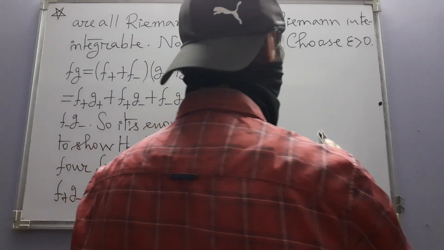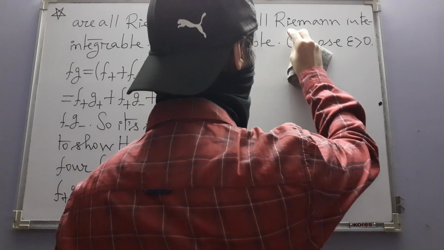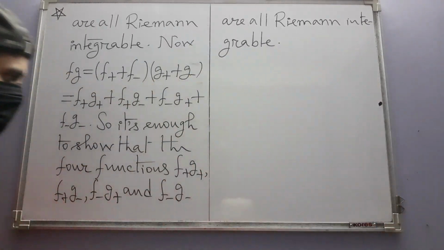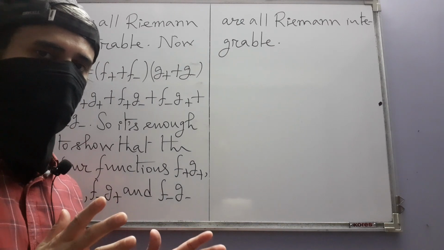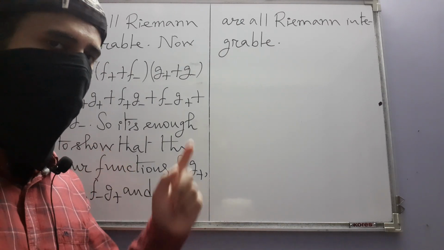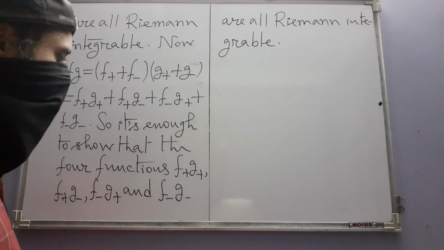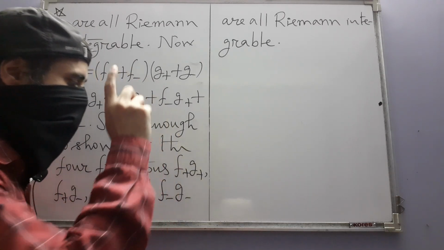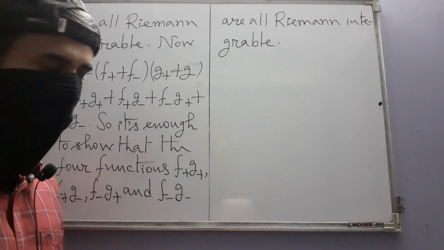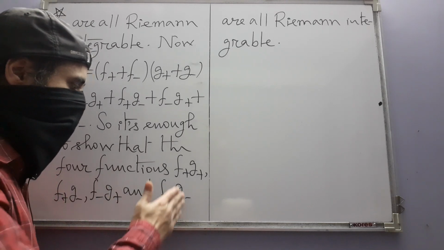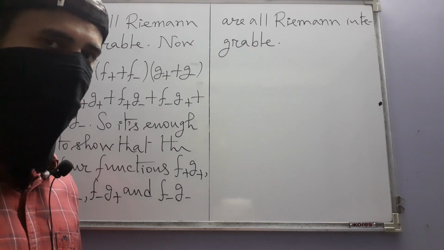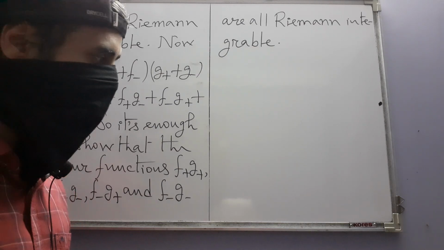Before choosing epsilon, you can choose epsilon here also, but before that, something needs to be said about these two functions, f plus and g plus. You see, they are Riemann integrable, which comes from that previous corollary, which means in particular that they are both bounded functions. Additionally, they are non-negative also. They never take on negative values as outputs.